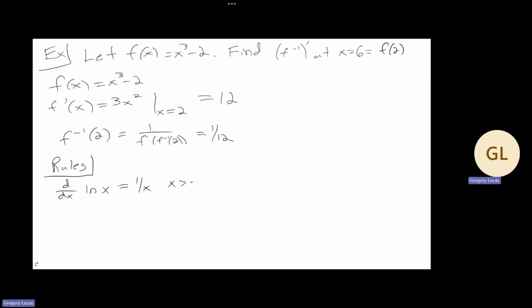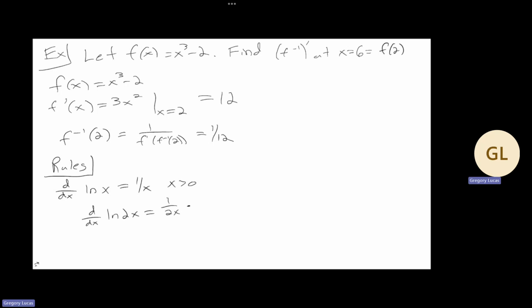Okay. So if I want to do some examples, if I want to take d dx of, let's say, ln 2x. So we do 1 over 2x. But since it's not just x, we have to account for the chain rule.